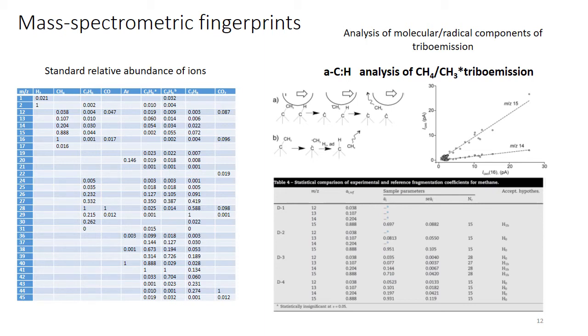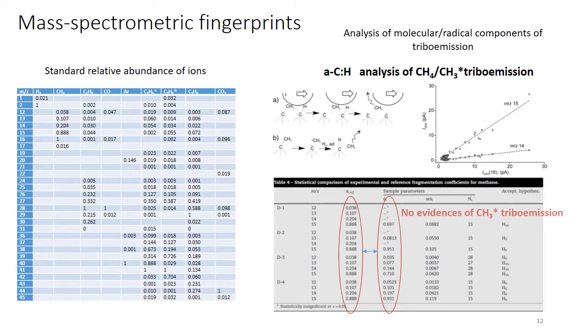So in this case, we had 4 different samples with different hydrogen concentration, with different technology of deposition, and we measured these relationships between the intensity of different signals, and we compared them with the abundances of the ions corresponding to pure methane.